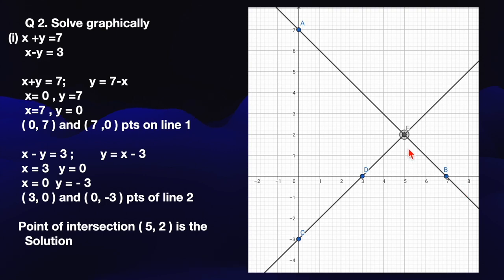As you can see, both the lines will intersect at this point here. Let's find the coordinates of this point. Okay, draw a line like this. X coordinate is 5. Draw a line like this. The y coordinate is 2. So 5, 2 is the solution. Okay, this point will satisfy both the lines.